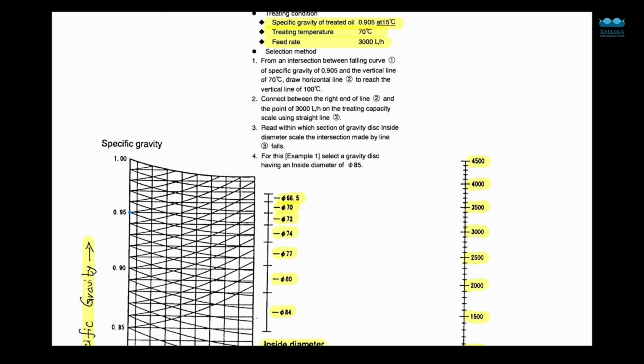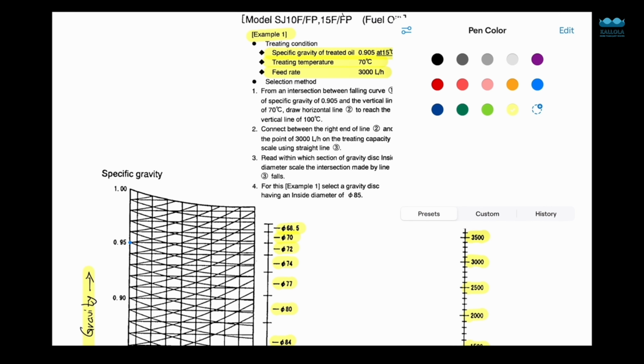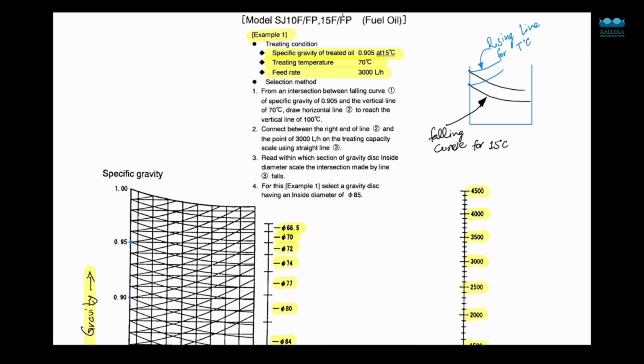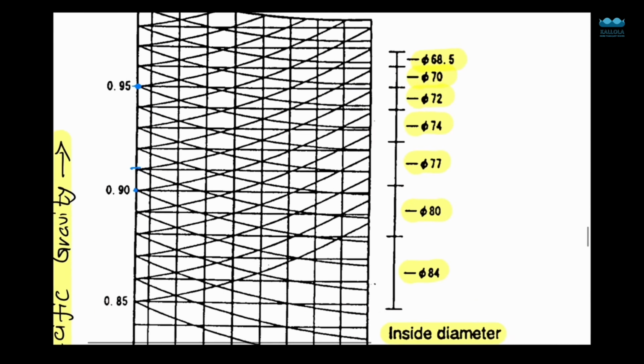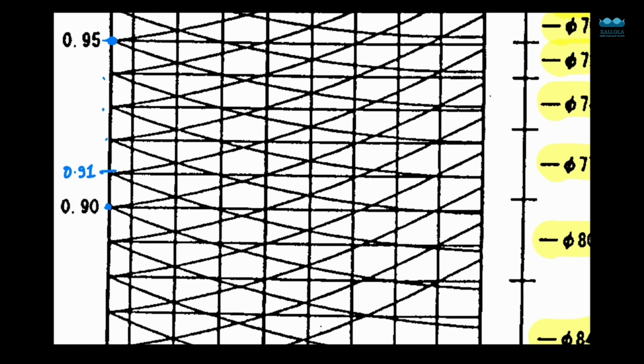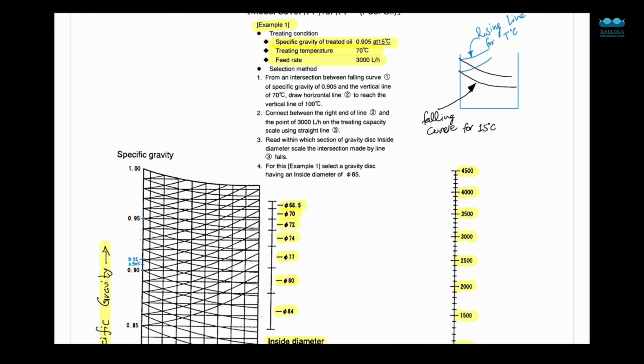The density is given at 15 degrees Celsius, then we will be using this falling curve. If the density is given at some T degrees Celsius, then we will be using this rising line. Now we will have to select the size of gravity disk. For this, we have to use the given data. We are given the specific gravity at 15 degrees Celsius, which is 0.905.